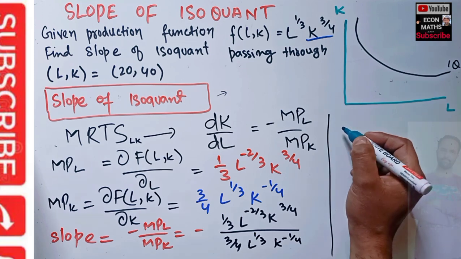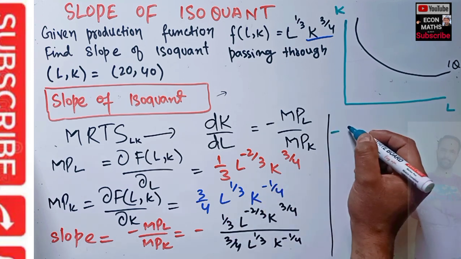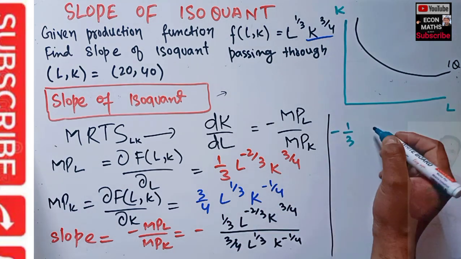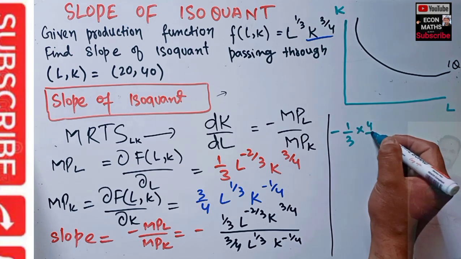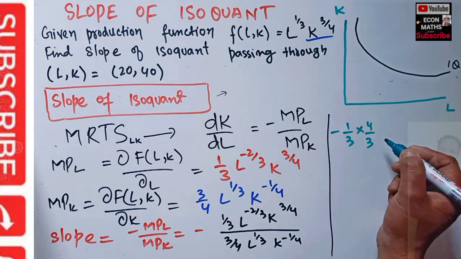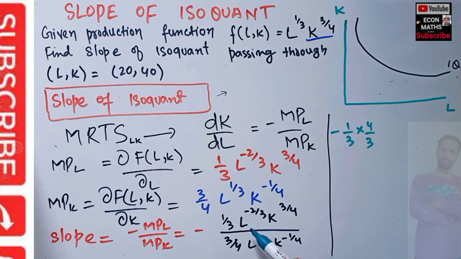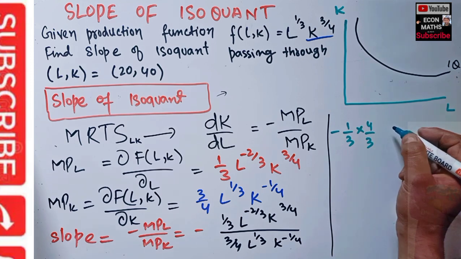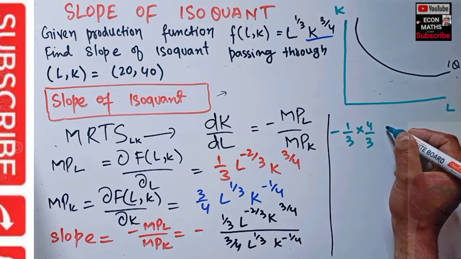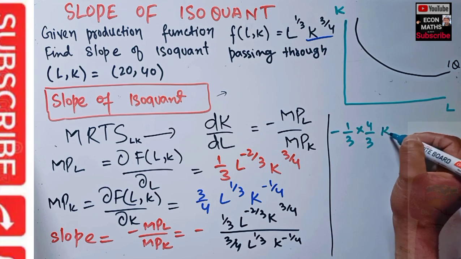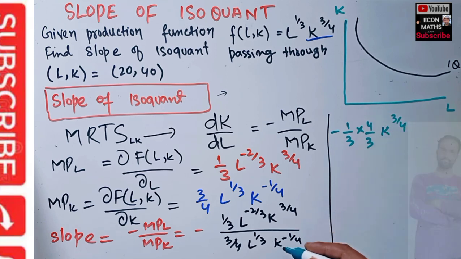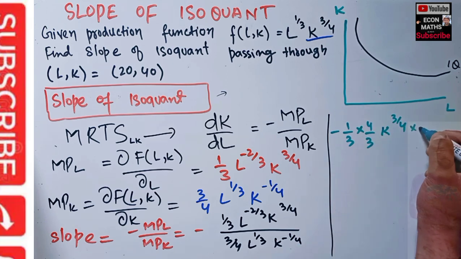We can write it in this fashion: minus in the numerator, 1/3 transposed to the numerator gets reciprocated, 4/3. If I take L to the denominator, the exponent sign will get changed. We have K to the power 3/4; transposing this, it will get multiplied and become K to the power plus 1/4.